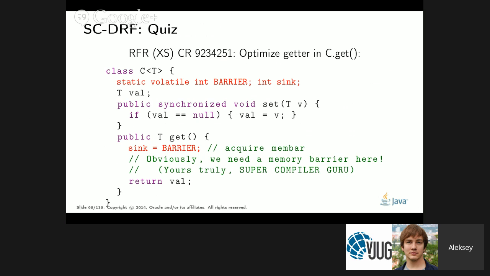So some guys do this. They say, well, obviously we need acquire here. So here is the volatile int variable, which we read and store somewhere, but that's not essential. This is the acquire. We have the release in synchronized in the setter, and we have the acquire with the volatile here. Does it work?